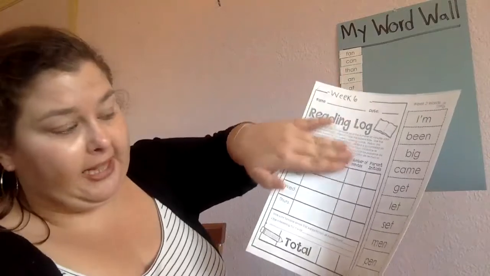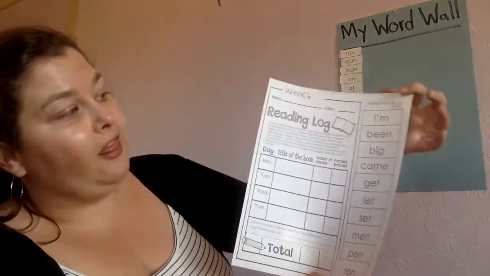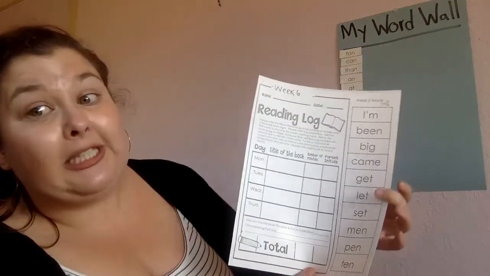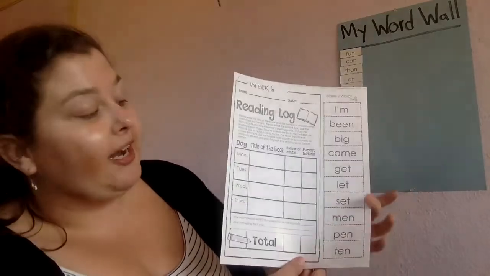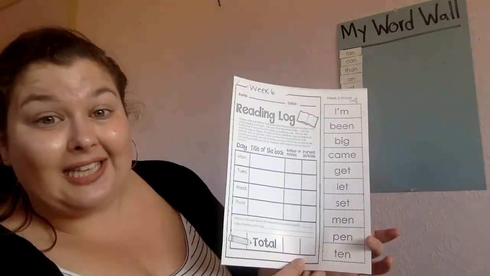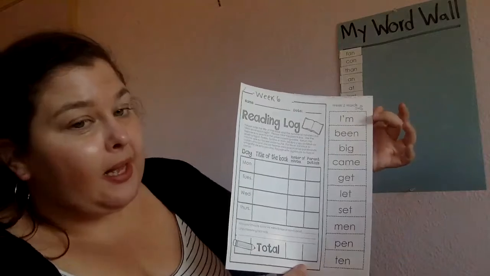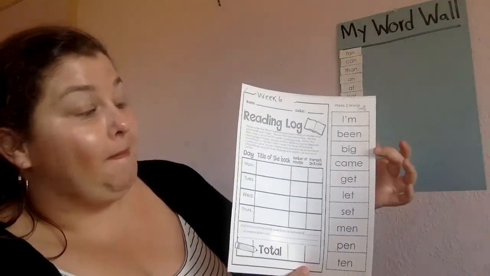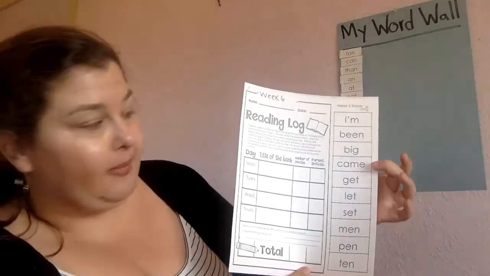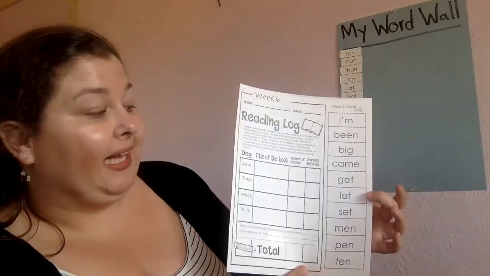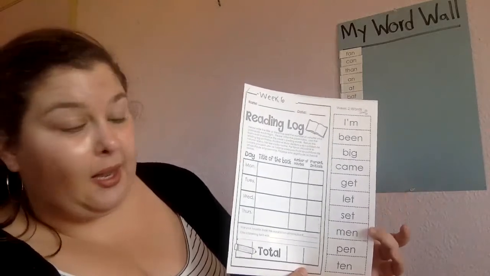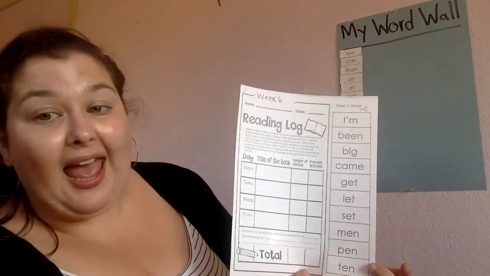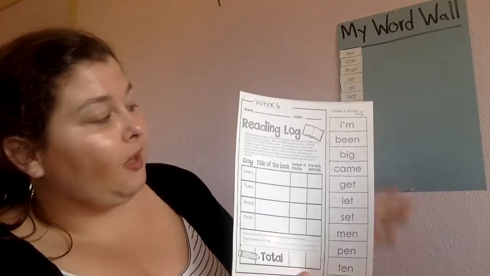I'm gonna explain this part later, but these were your sight words, your snap words, your spelling words, las palabras para deletrear, from week 6, okay? I'm, been, big, came, get, let, set, men, pen, and 10, okay?